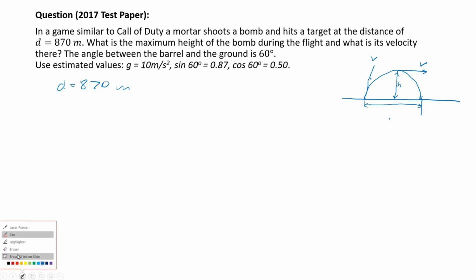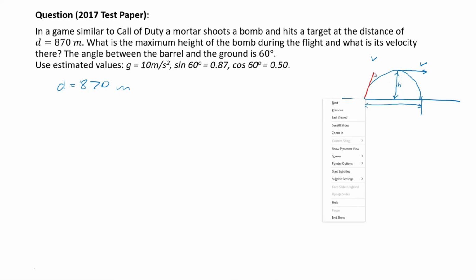I will erase this because that's terrible. Okay, and back to the pen, and I will also change the color to red. So as previously, we have the initial velocity, which can be decomposed.